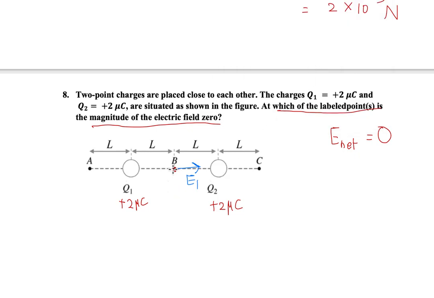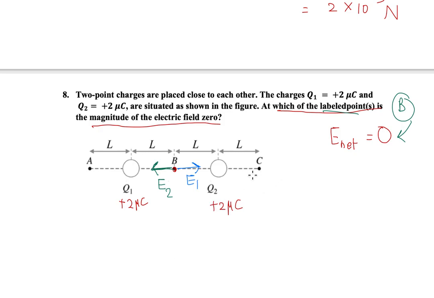Q2 is also a positive charge, so it will also point away from Q2, which will be to the left. So E1 is to the right and E2 is to the left. They are opposite to each other. That means B should be the point. At which labeled point? The answer should be B. B is the point where the net electric field will become equal to 0.